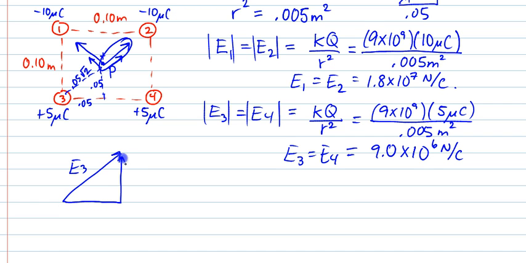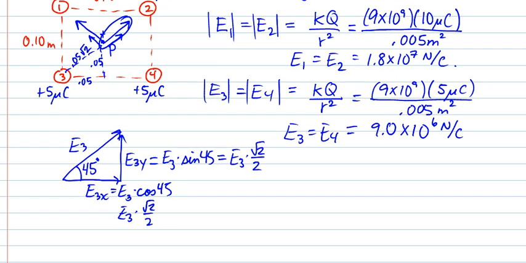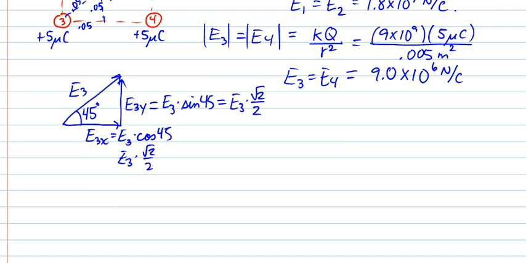Well, we want to split this up into E3x and E3y, and it turns out we have a 45-degree angle, so it's just going to be E3 times the cosine of 45, or E3 times root 2 over 2, and this is going to be E3 times the sine of 45, which amazingly is also root 2 over 2. So that's going to make this calculation a lot easier. We just need to try to keep track of our directions.